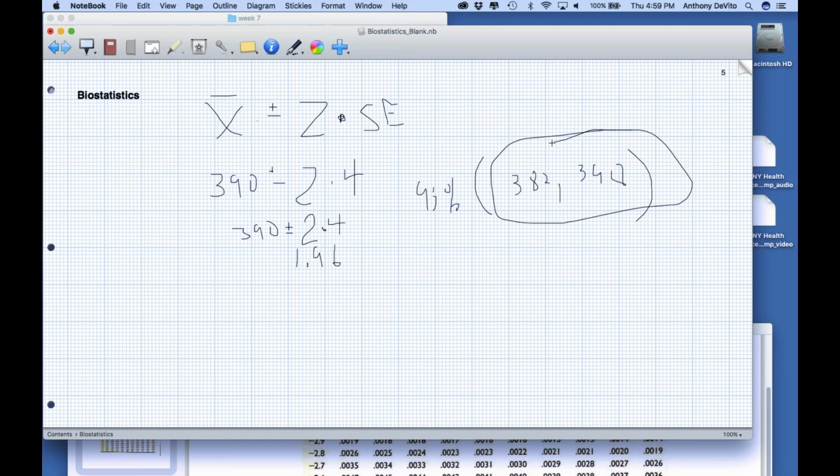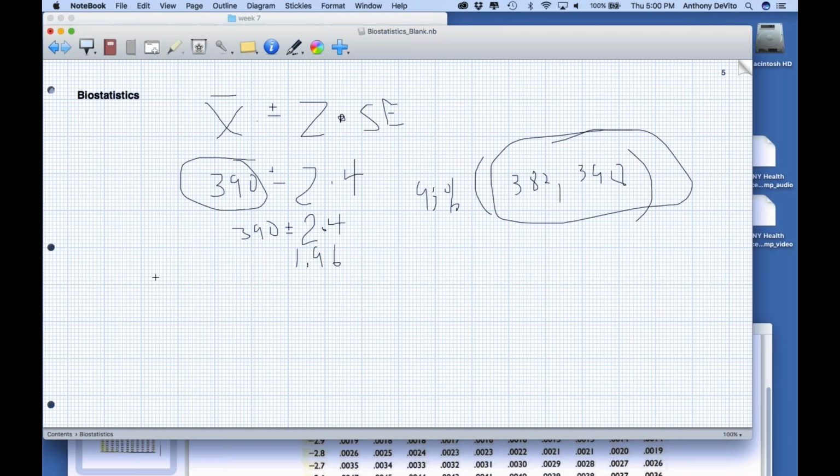Now, I don't know what the real mean is, but what I do know is that when we took a sample of 25, we found the average to be 390, but we know that's not going to be the exact mean. So our finding is that the mean for our sample was 390, and we're 95% certain that the true population mean is between 382 and 398.